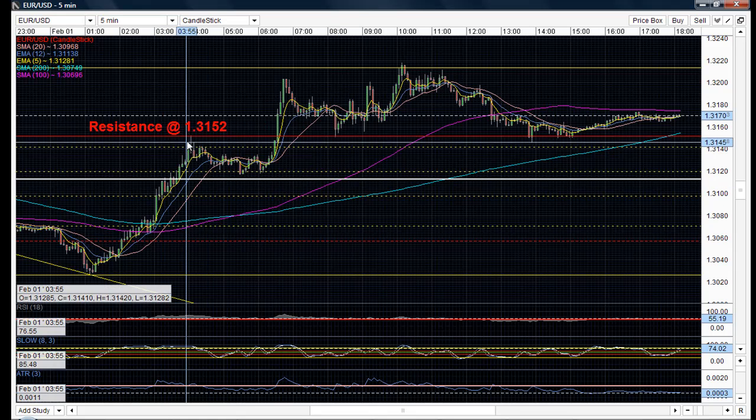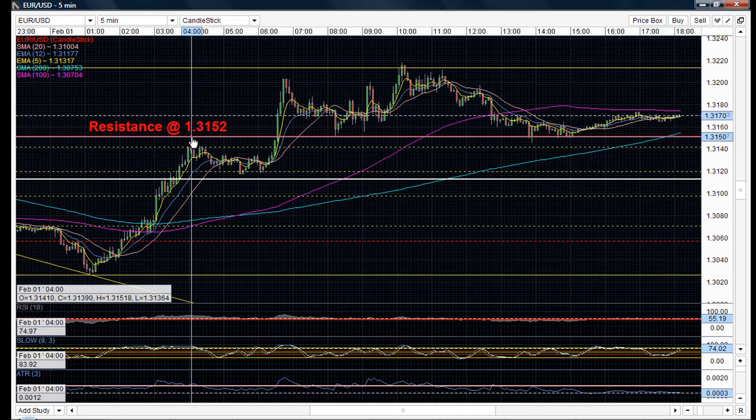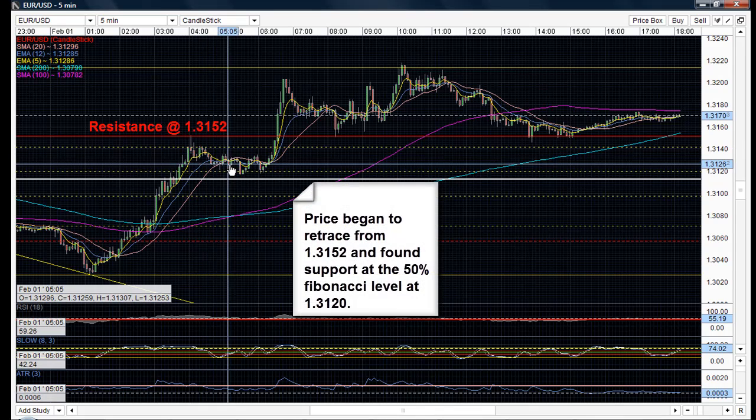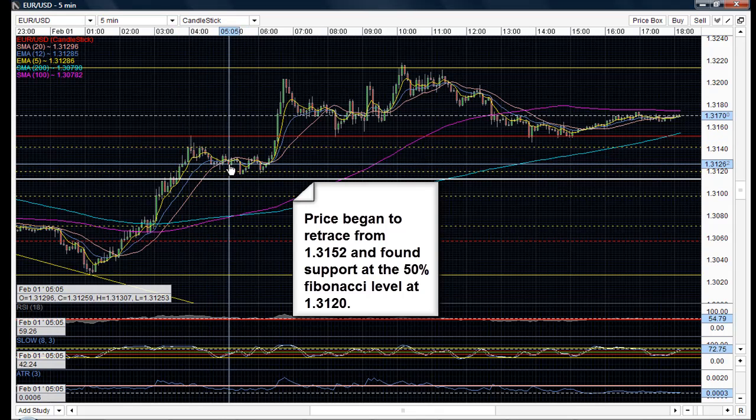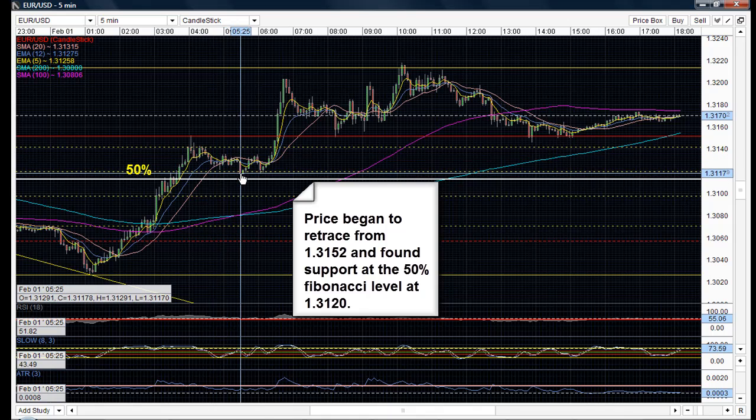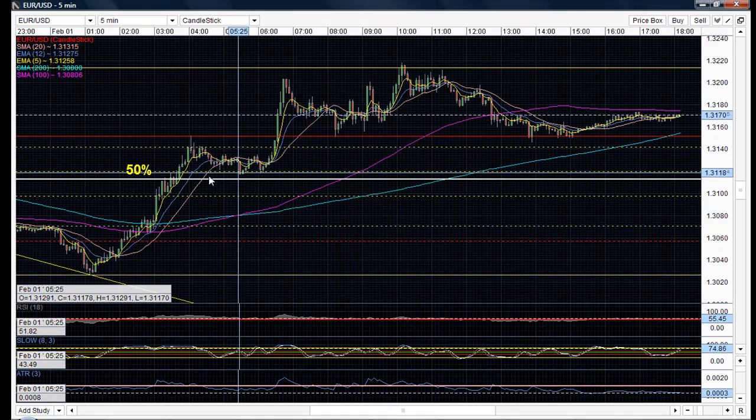So of course you can see that price reached this resistance and it began to pull back from this resistance, and price actually found support not too far away from our daily pivot point. But most importantly, it was also our 50% Fibonacci retracement level of this last recent drop lower.